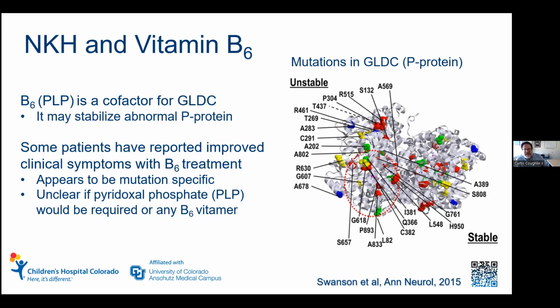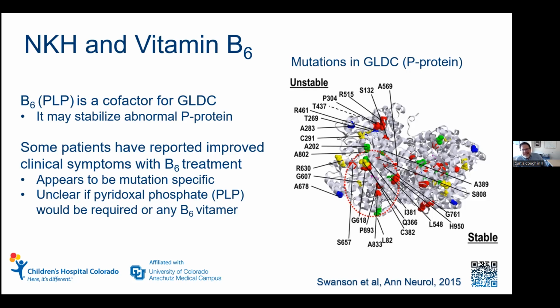We assume that it stabilizes the P protein, and it's been these mutations in this pyridoxal phosphate binding pocket. It is unclear if all of these mutations in this binding pocket really would benefit from pyridoxal phosphate, and whether or not they could also benefit from some other sort of chaperone.